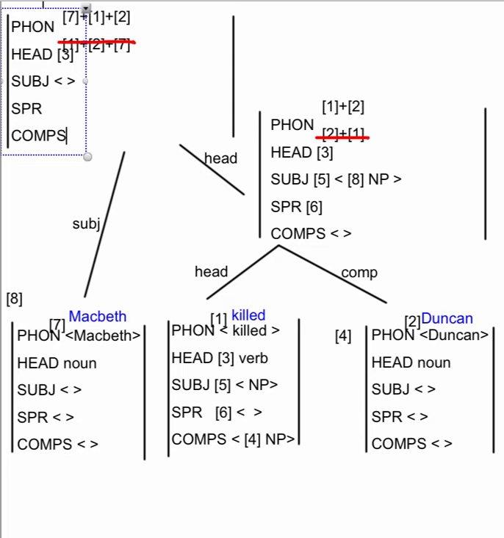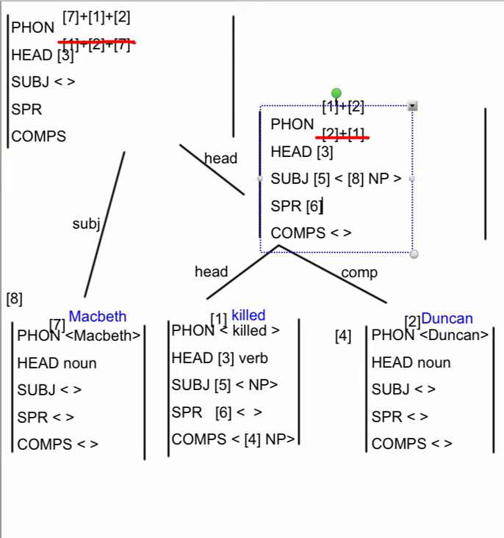The specifier value of the head-daughter is also empty, which follows from the specification in the lexicon, where we said that the tag number 6 is an empty list. The last point to add to the structure is this requirement that the specifier values and the coms values of the head-daughter and the mother are identical.